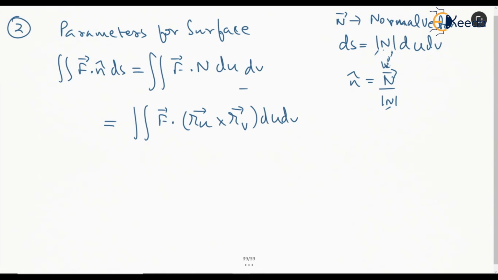We'll see what this r_u, r_v is while we'll be solving questions, but as of now this will be giving you the normal vector for the surface. Of course, this surface will now change to a certain domain for the double integral, where you will have some limits. So these are two general methods which we'll use to solve the surface integral, and most of the questions will be covered by this.